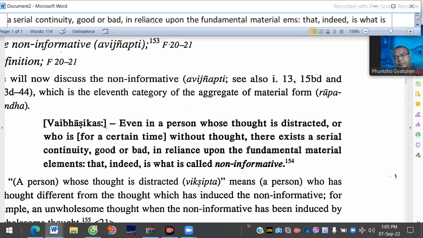Now, Vaibhashika gives a very interesting interpretation here, although it has been negated by the Sautrantika. The scripturalists don't accept this. So it is a unique assertion by the Vaibhashikas.